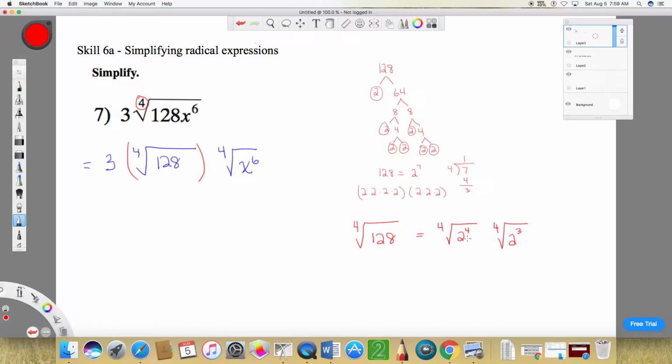Well, I have enough here to simplify this radical and say that this guy is just, it's the ugliest looking 2 you've ever seen. This just represents the number 2.